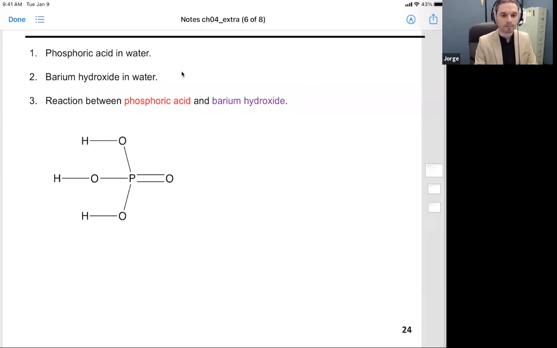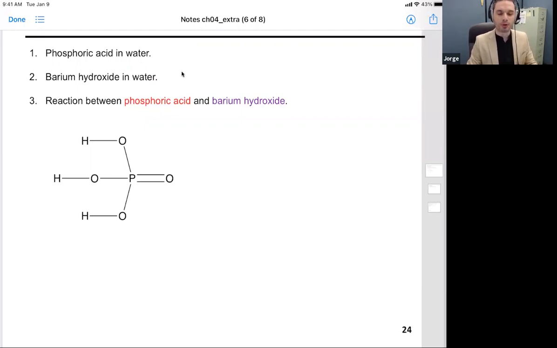Okay, so I would like to show you what happens when phosphoric acid is dissolved in water, what happens when barium hydroxide is dissolved in water, and then the reaction between phosphoric acid and barium hydroxide. Let's follow some steps to make sure we get to the right answer.